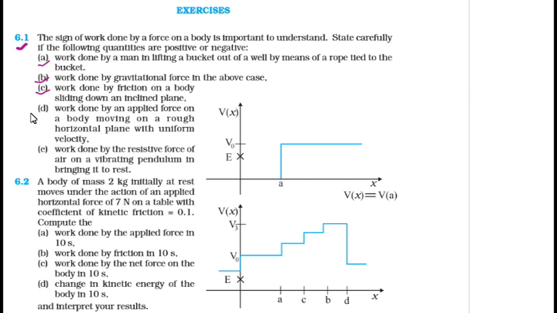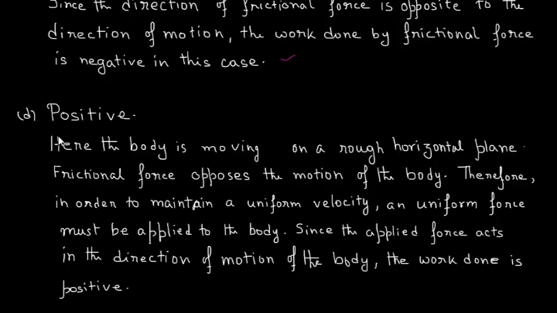Next question, D. Work done by an applied force on a body moving on a rough horizontal plane with uniform velocity. The answer to this question is positive. Here the body is moving on a rough horizontal plane.